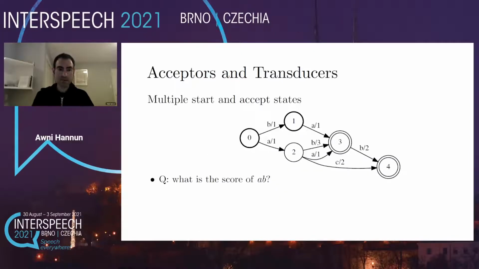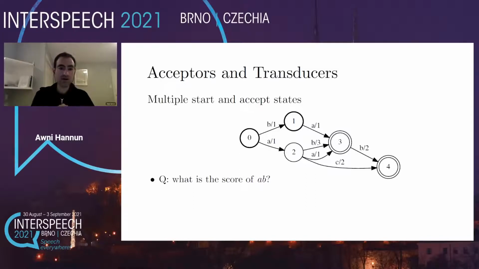Now, regarding acceptors and transducers, I should say that some of these graph properties are a bit of a matter of taste. You can say that acceptors and transducers can have multiple start and multiple accept states, as I do here. And the GTN framework that we're using to construct automata with automatic differentiation allows for this.